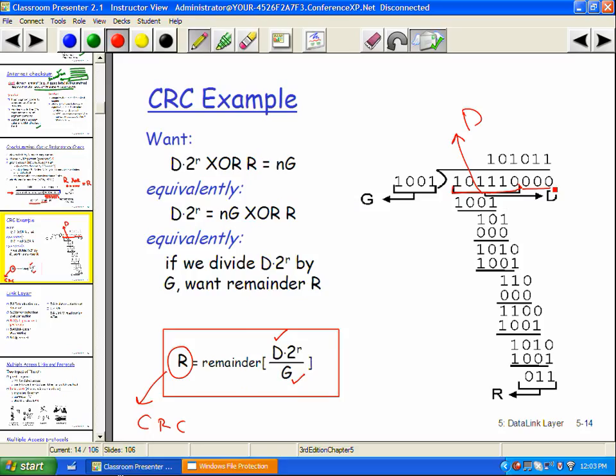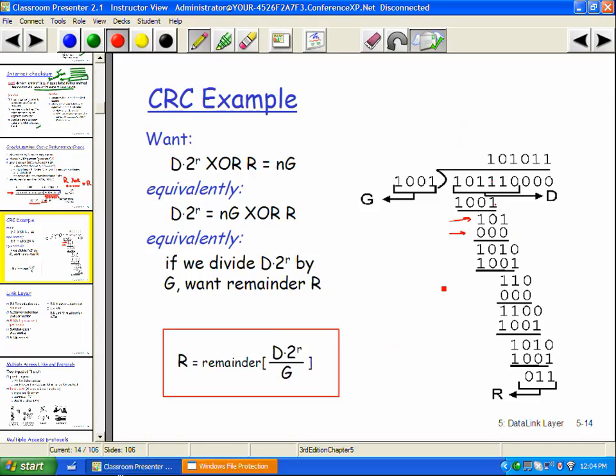The one thing is that the division has no carry. Okay, so 1 minus 1 is 0, and so every step of division is just an exclusive OR. Okay, so 1 XOR 0 is 1, 0 XOR 0 is 0.